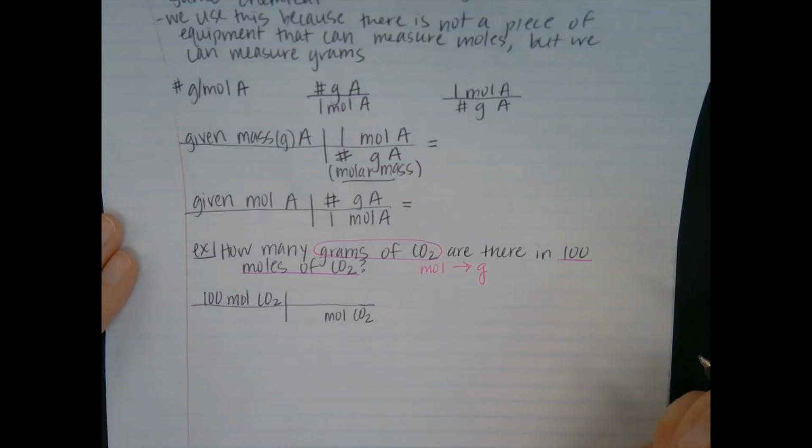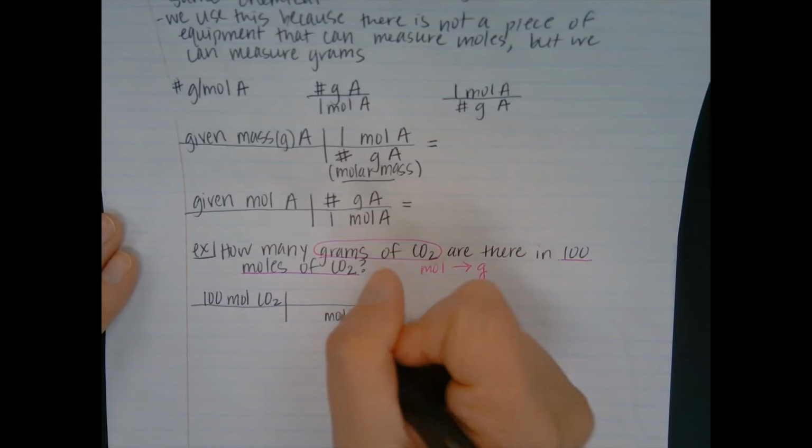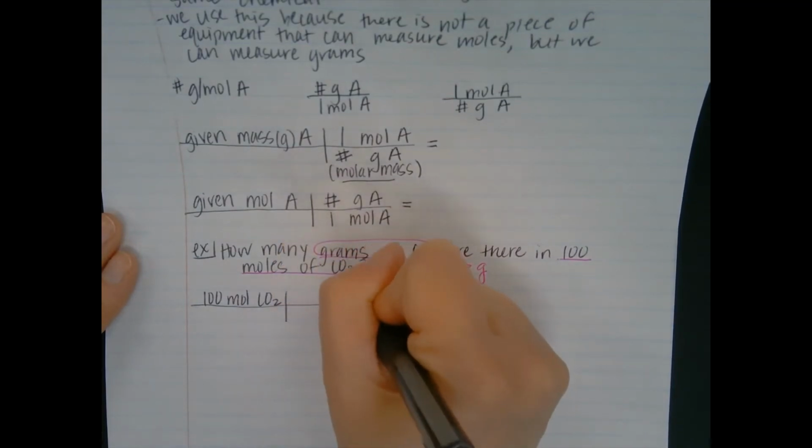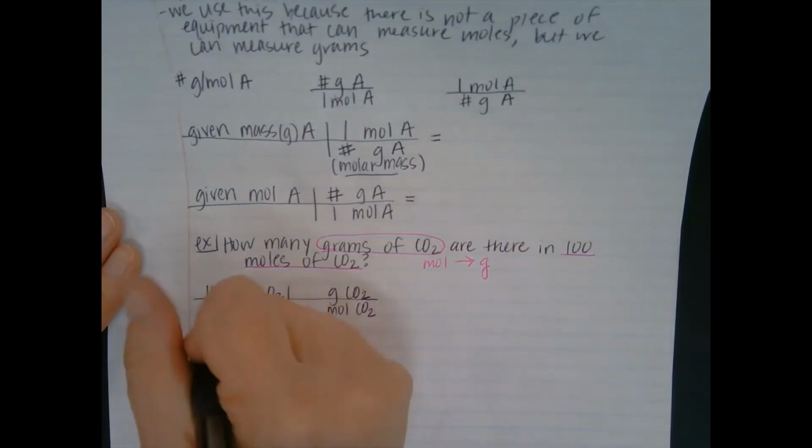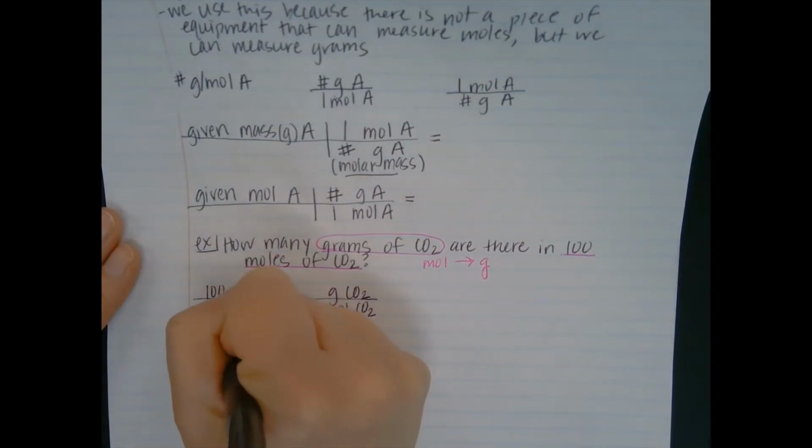Step 2, the thing that we're looking for, and this is a one-step problem, the thing we're looking for would be on the top, so that would be grams of CO2. So now I think about, what do I have that connects grams and moles of a chemical? Well, grams per mole, that would be molar mass, okay? So I'm going to solve for the molar mass of CO2.